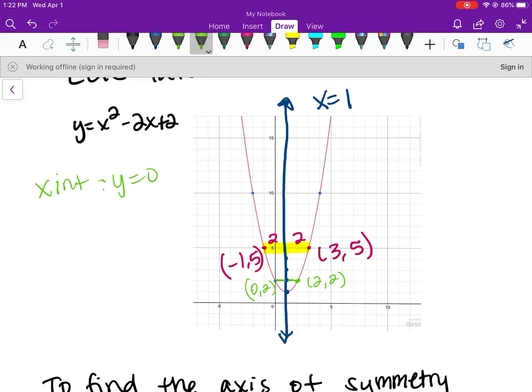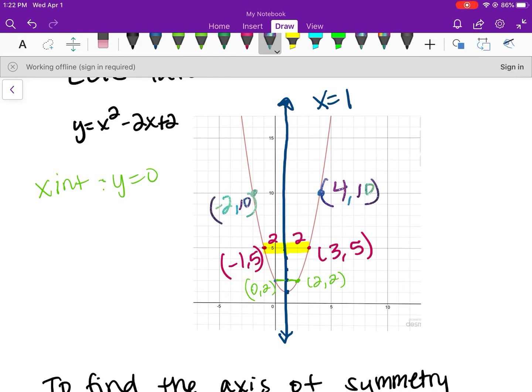So here is an application of that. Let's say I know two points, but I don't know the equation and I don't know the axis of symmetry. Let's look at these two points right here: one is the point (4, 10), and this is the point (-2, 10).